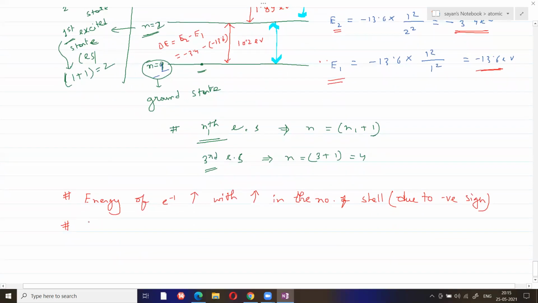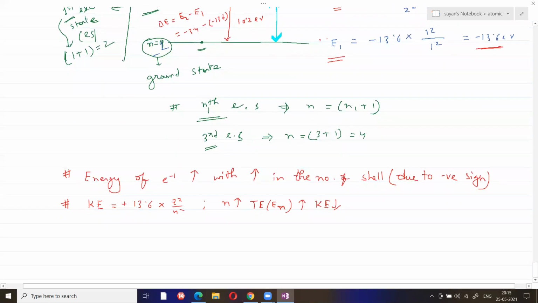Second one: kinetic energy equals 13.6 times Z square by n square. So if the n value increases, the total energy En increases, but the kinetic energy decreases. And third point: the energy gap between two successive levels decreases with increasing number of shells.